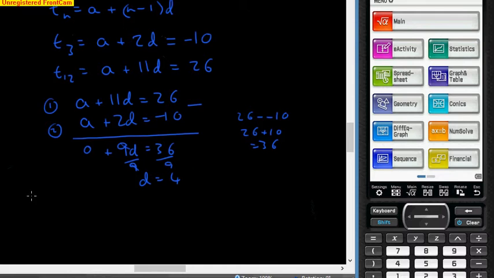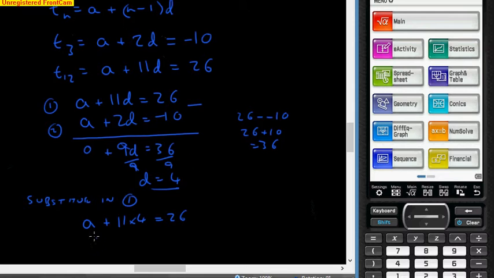Now I have to just substitute this back into one of my equations to find what a is. Now I look for the simplest looking one. Oh, I suppose I'll just put it back in my equation 1. So from that I get a plus 11 times 4, because d is 4, remember, I've just worked that out, and that equals 26.